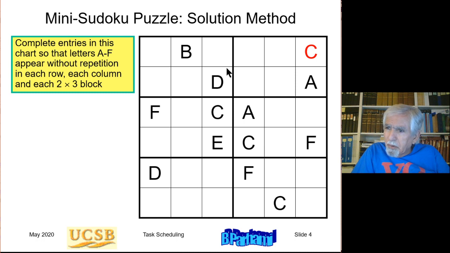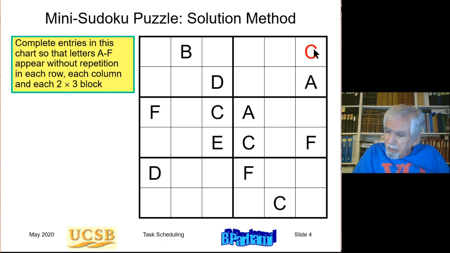So what I can do is observe that this cell at the top right must contain C. The reason for that is that this box needs a C. It doesn't have a C yet. A C cannot go in this column because it already has a C. And a C cannot go in this column because it already has a C here.